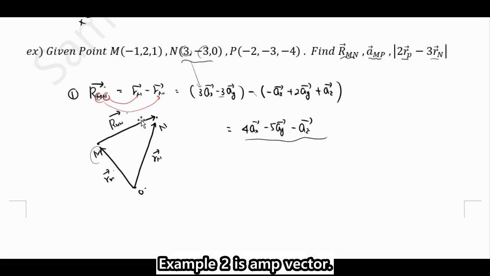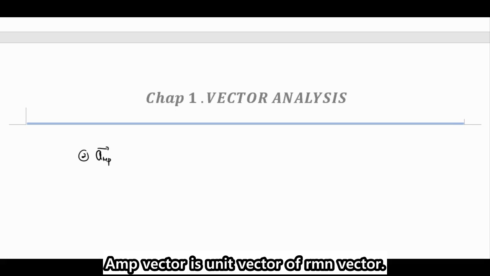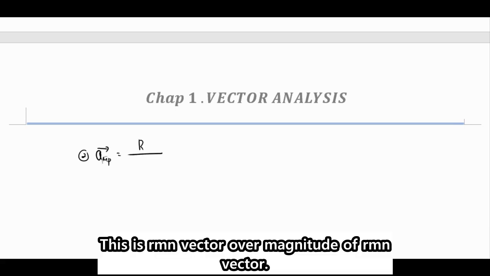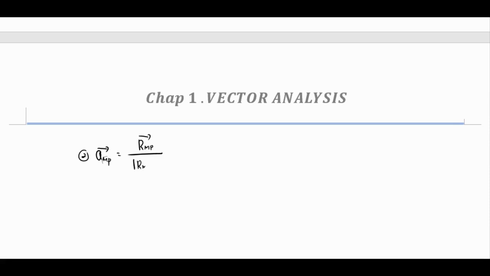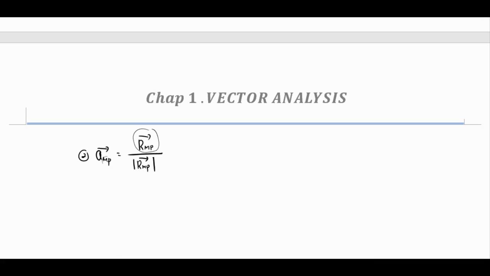And example 2 is the AMP vector. AMP vector is the unit vector of RMP vector. So this is RMP vector over the magnitude of RMP vector. Firstly, we have to find the RMP vector.